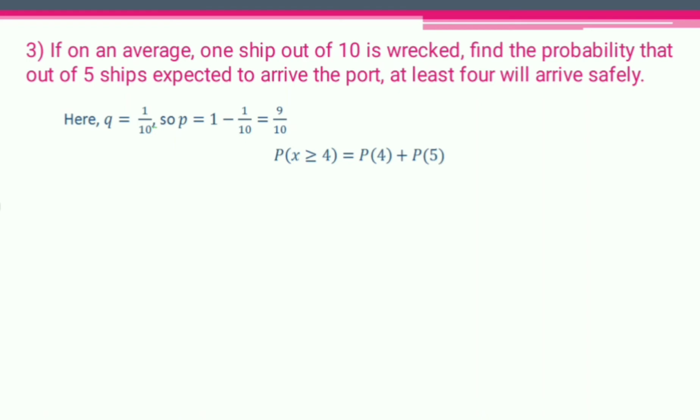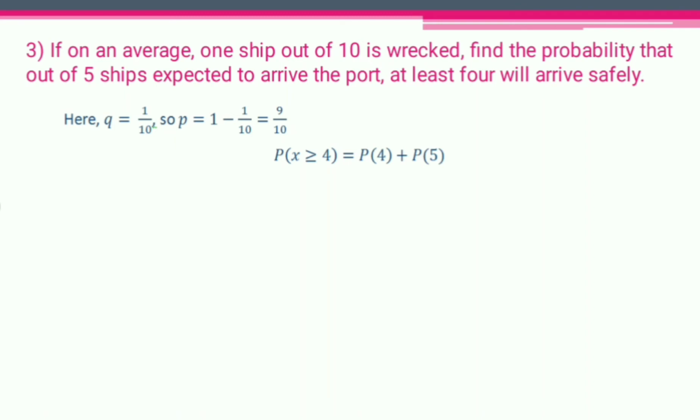Then we have to find at least 4 will arrive safely, which means we have to find P of x greater than or equal to 4. At least 4 means the minimum should be 4, the maximum could be anything, right? We have only 5 ships, so the maximum is up to 5 only. So probability of 4 plus probability of 5.